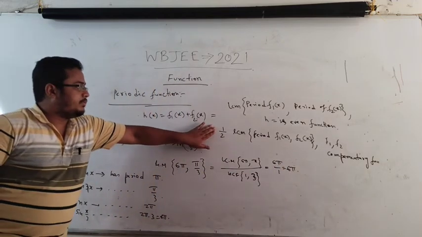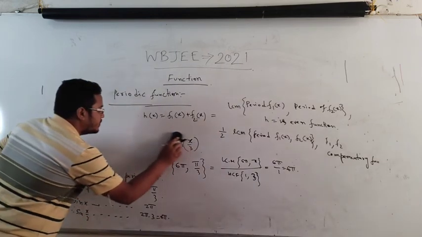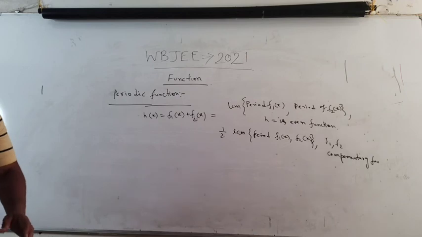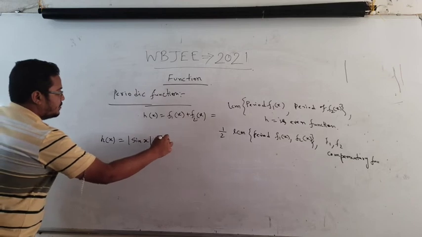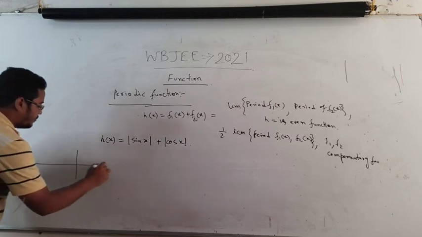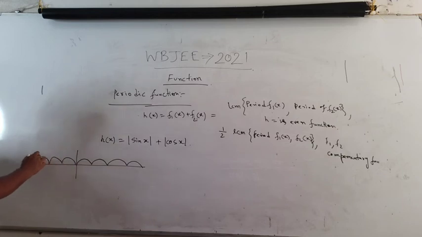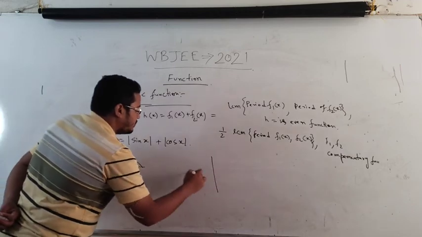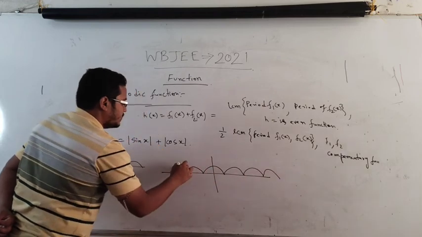Now let's take another example, for the case when f1 and f2 are complementary functions. Take the example of mod sin x and mod cos x. We know that the graph of mod sin x is like this, and the graph of mod cos x is also similar to mod sin x, just a shift of π/2 on the x-axis.